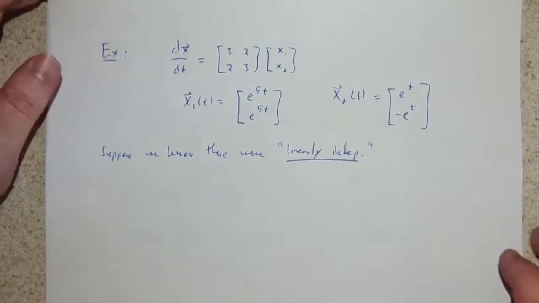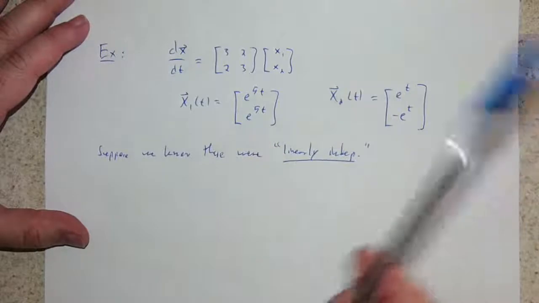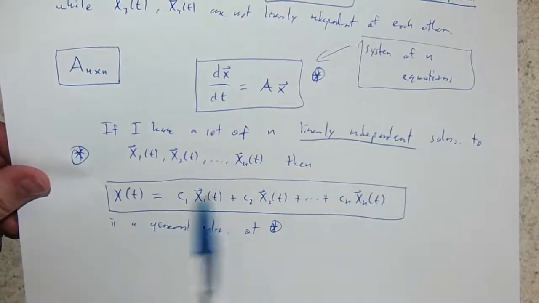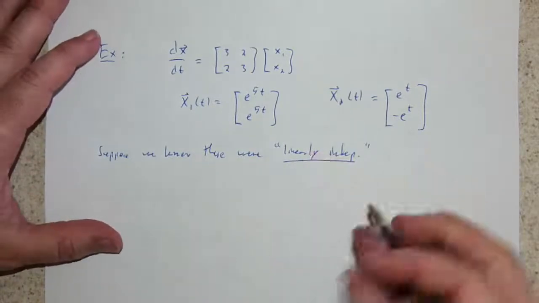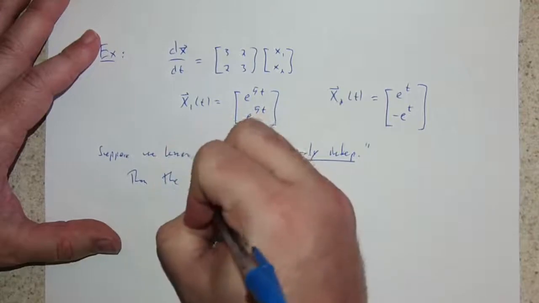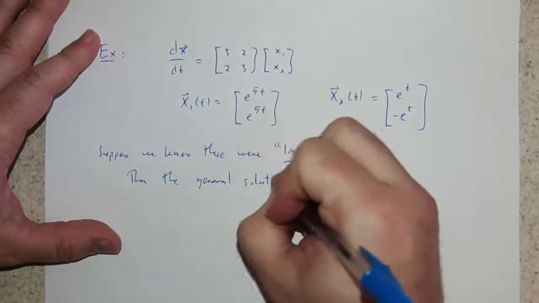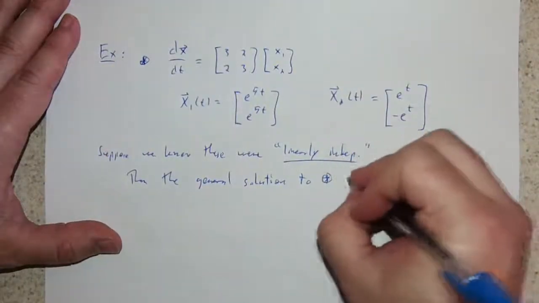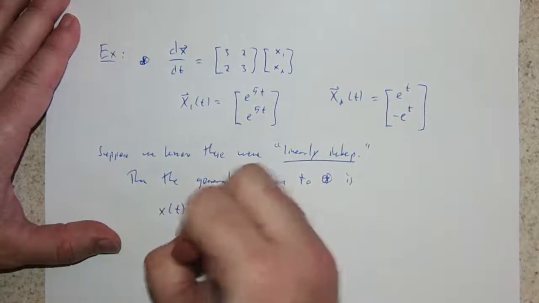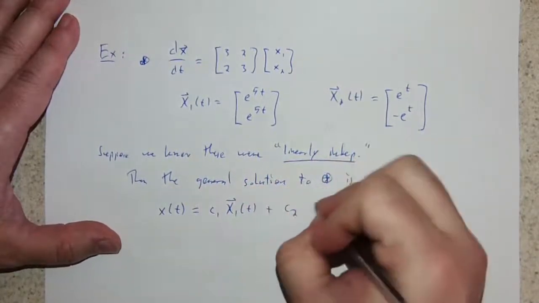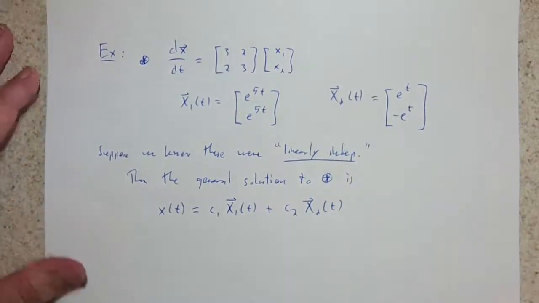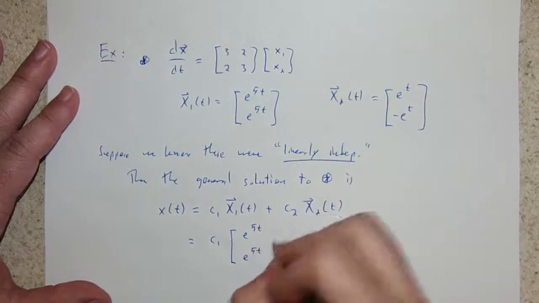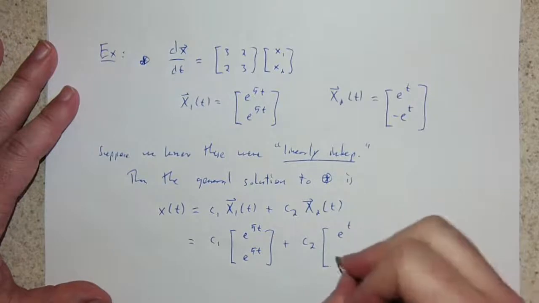Well, then by that fact that I just took away, the general solution to this equation, I'll call it star, should be this linear combination of those things. x of t is c1 big X1 of t plus c2 big X2 of t, which is c1 times the vector e^(5t), e^(5t) plus c2 times the vector e^t, minus e^t.